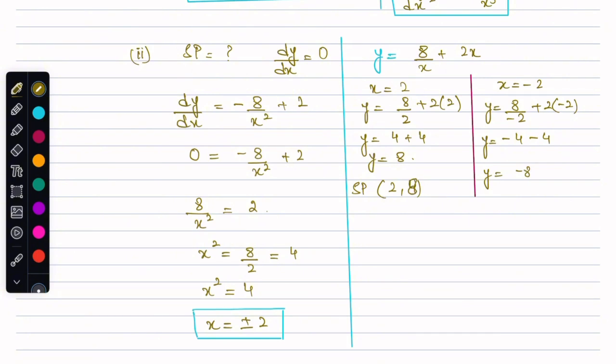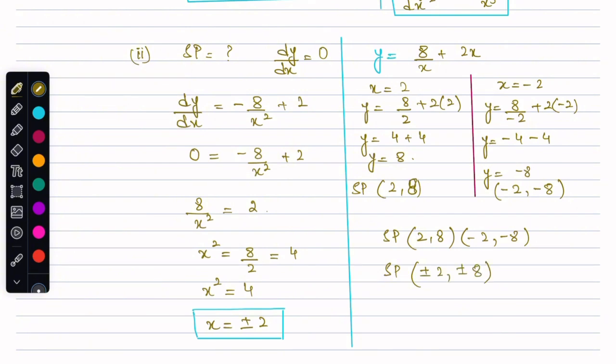Here I can see that the stationary point is (-2, -8). So we have two stationary points here. The question was asking for the stationary points, and the two stationary points are (2, 8) and (-2, -8), or I can also write this as (±2, ±8) here.